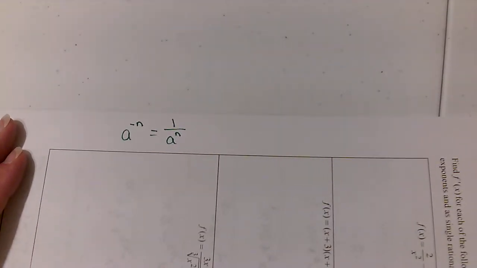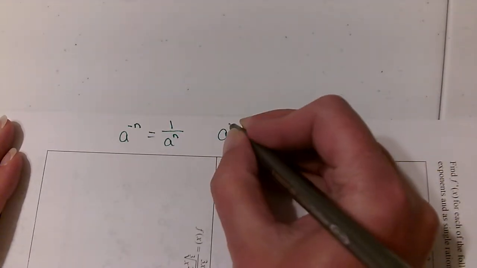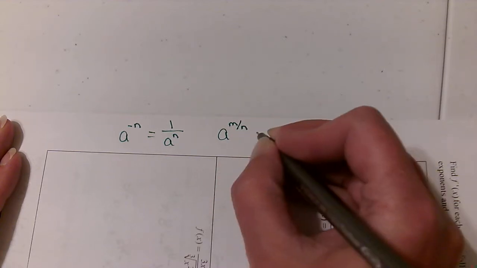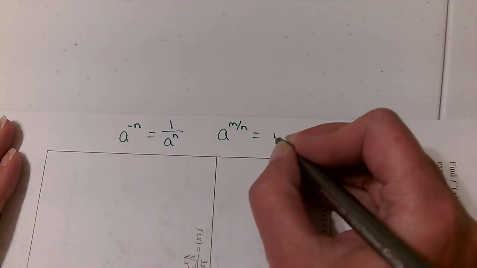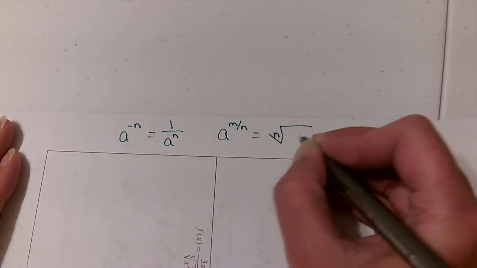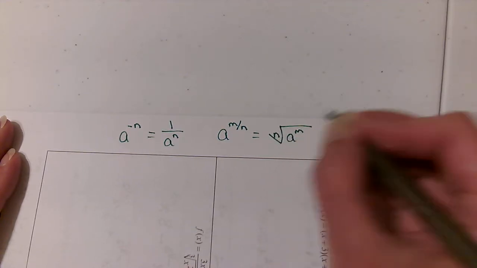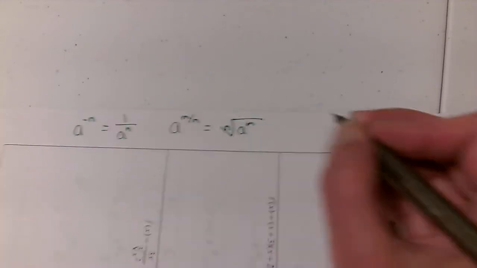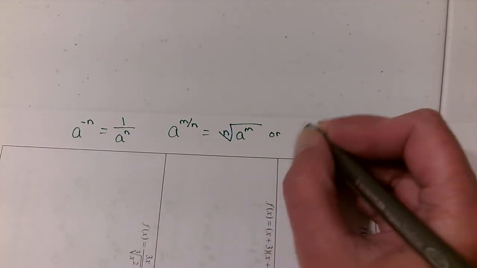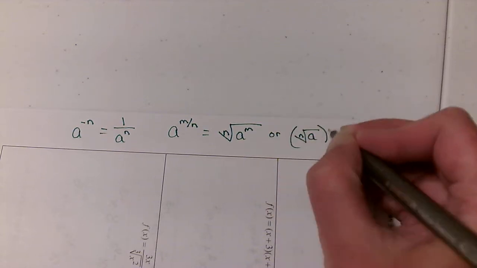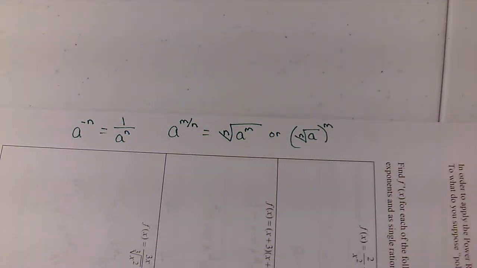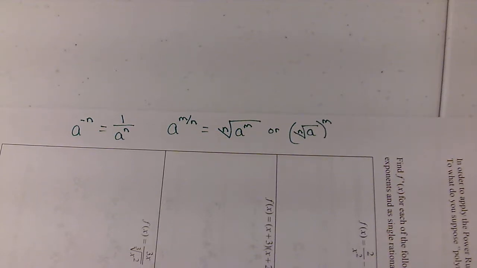If you have a fraction exponent, that really means that you have the nth root of a to the m. Or you could do the nth root of a to the m power. But those are some things we're going to have to remember.